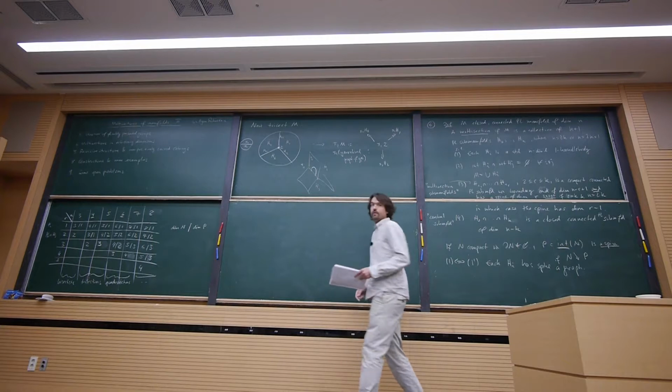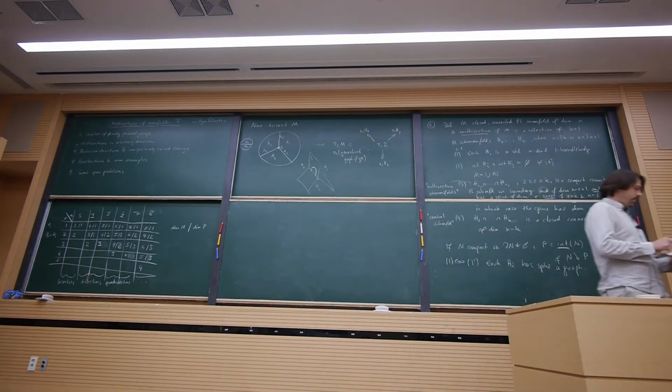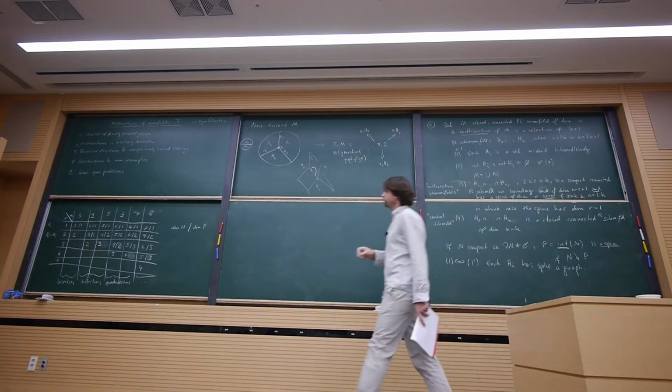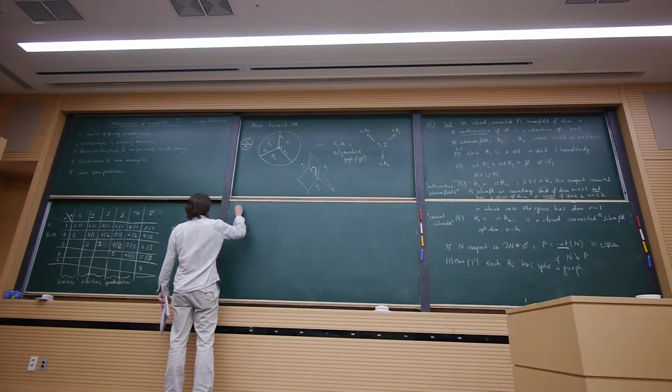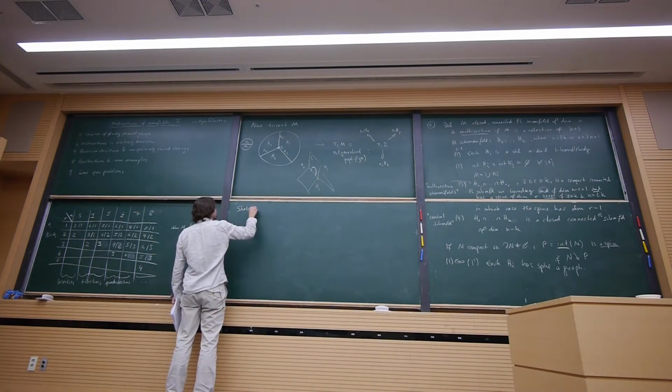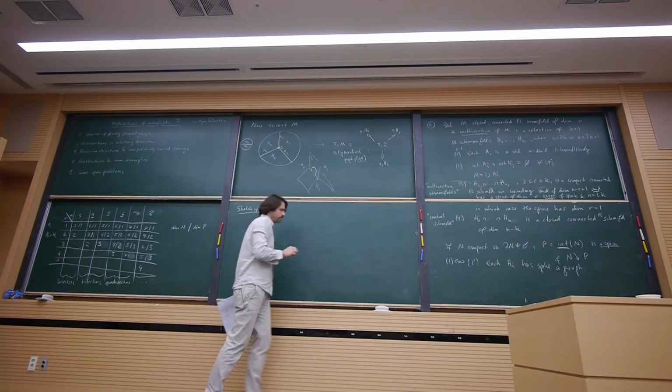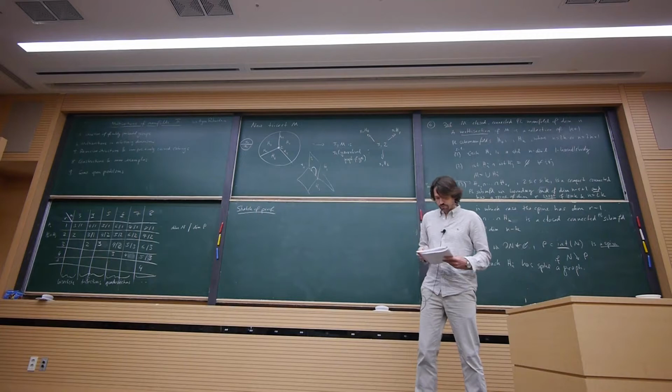Okay. So then maybe let me sketch the proof, because it's really similar to what we've seen in dimensions 3 and 4. So the sketch of a proof is as follows.